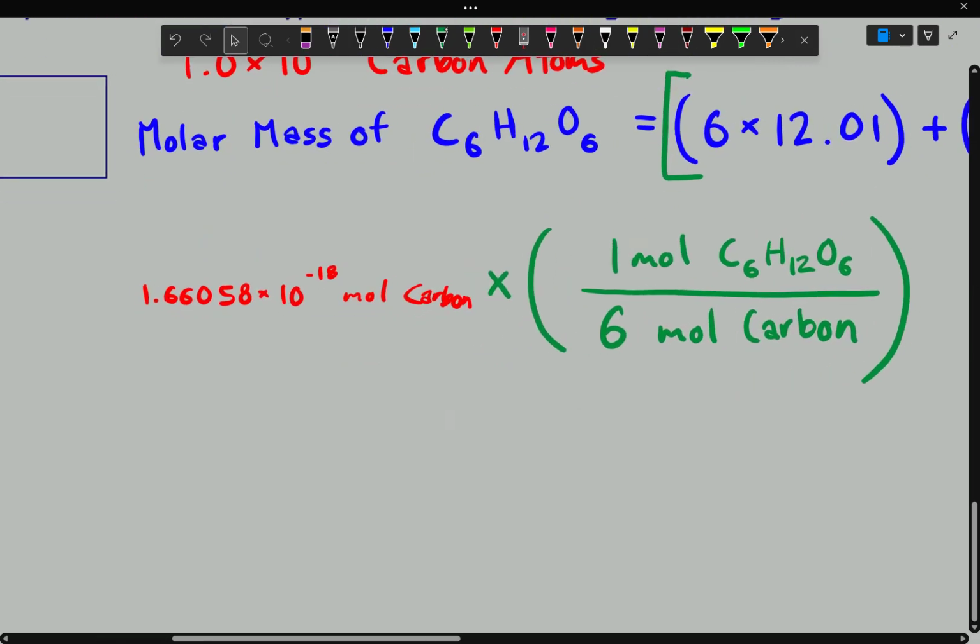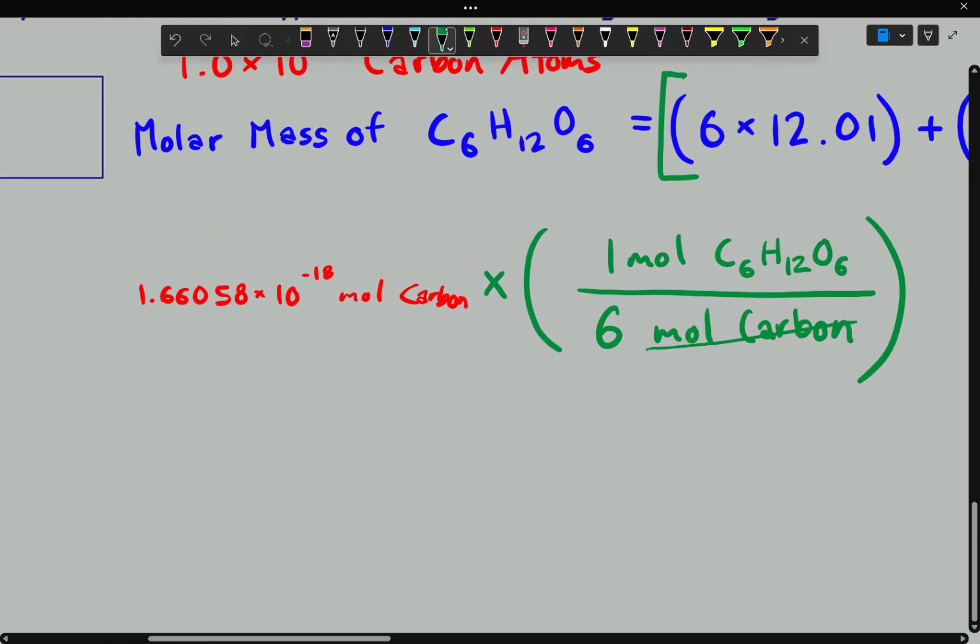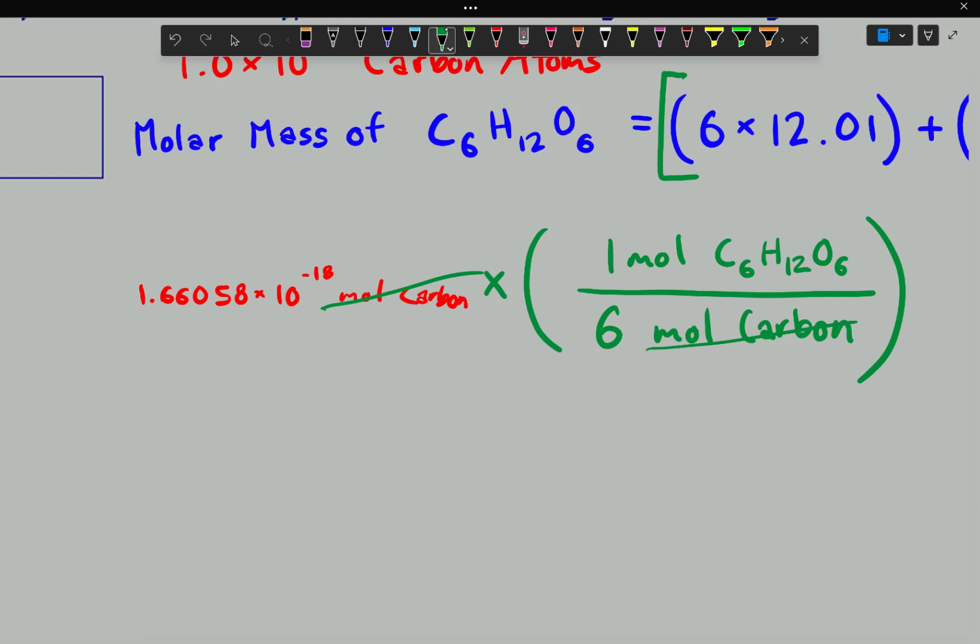Now, moles of carbon and moles of carbon cancel, and we're just left with this number divided by 6. And that will leave us with the units moles of glucose.